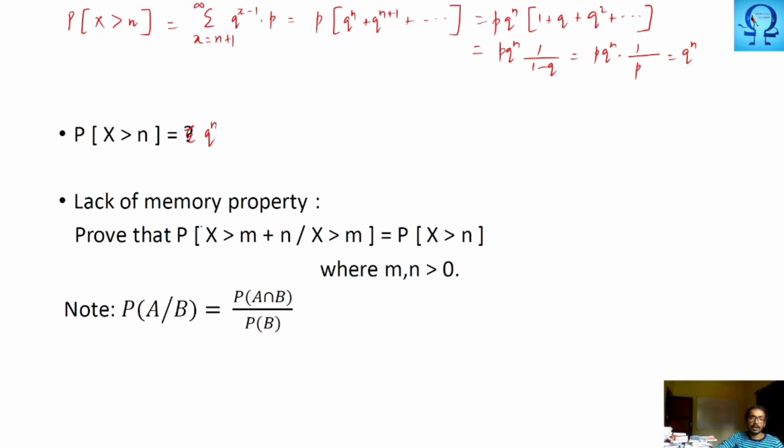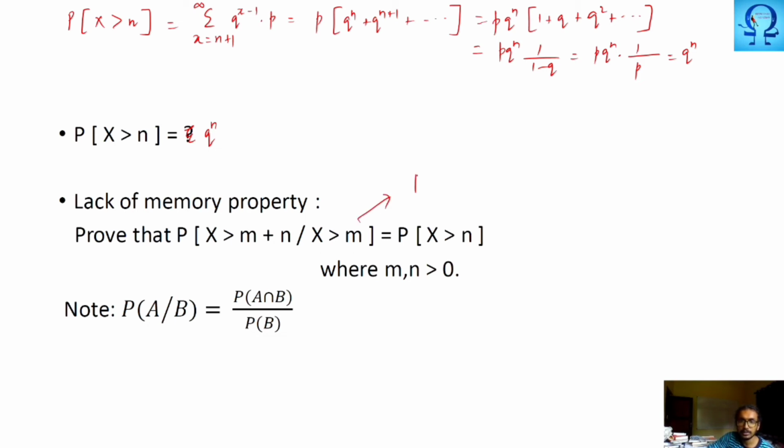Okay. Now we have something called lack of memory property, right? So this is what we need to prove. Here probability of a given b is probability of a intersection b upon probability of b.